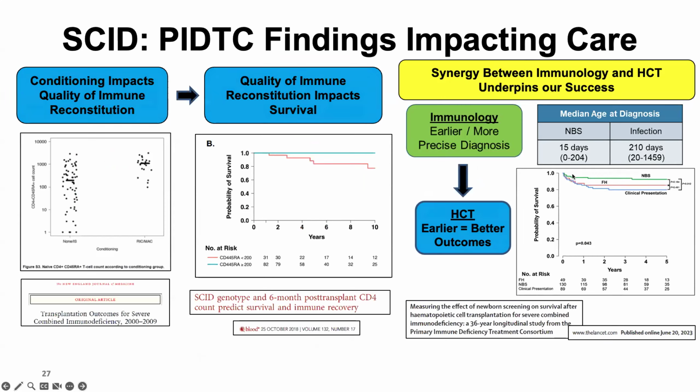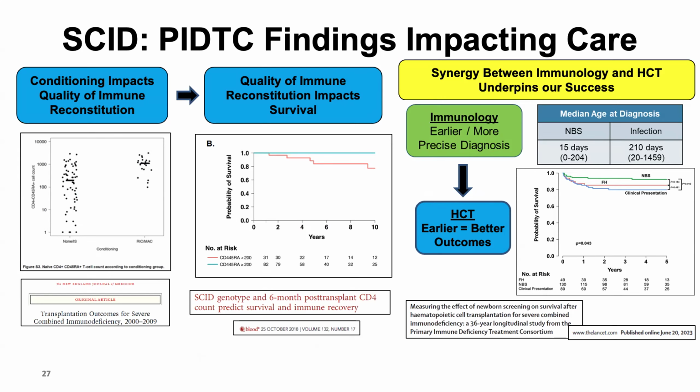Transplant outcomes are markedly better in those patients that were identified by SCID newborn screening, here in green, than they are in patients who were identified in other ways. Earlier diagnosis and transplant before they get infections improves outcomes to over 90%, 95% in these patients. So still not 100%, but pretty darn good.